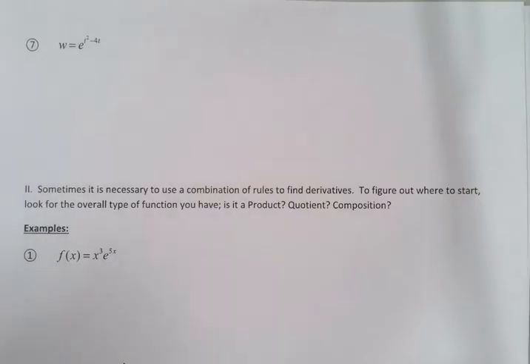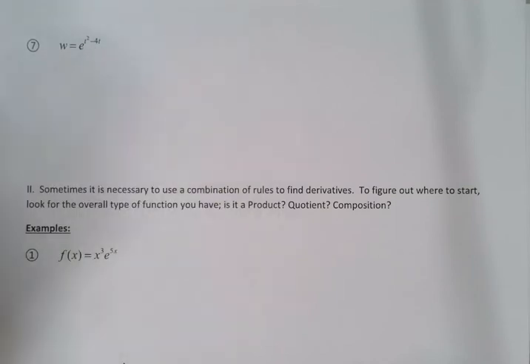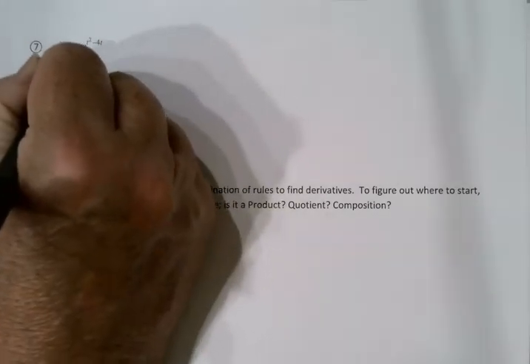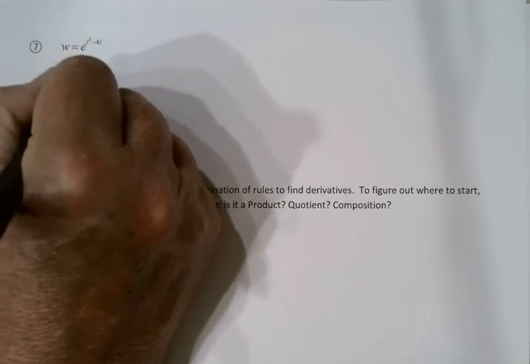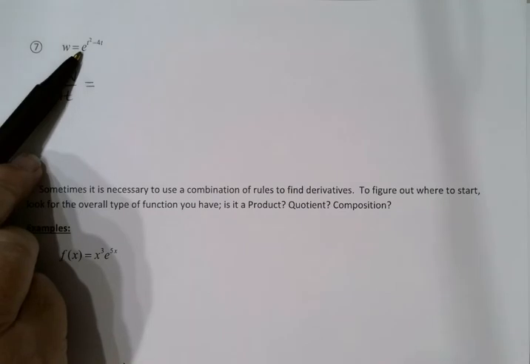All right, let's try one more like that. In number 7, the exponential, the e, is really the outer function. The t squared minus 4t would have been done first. That's the inner function. So when I go to do my derivative, dw dt, I'm going to start with the derivative of the outer function.